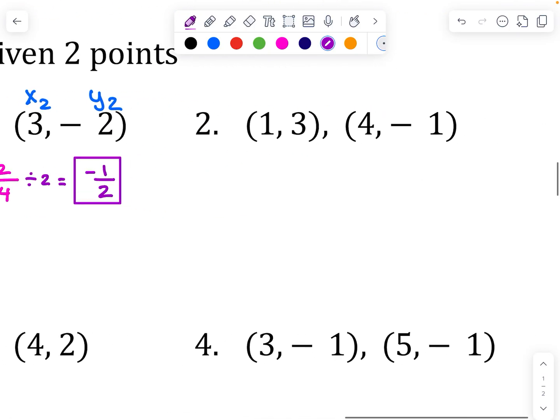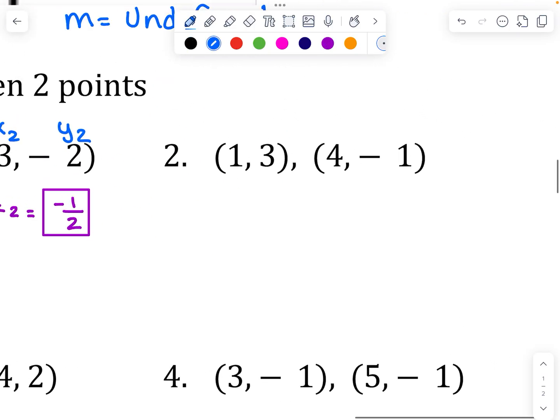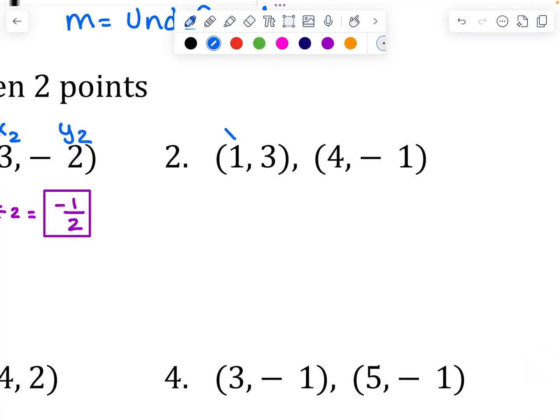So let's look at number 2. Again, I highly recommend labeling all of your points, x1, y1, x2, y2.